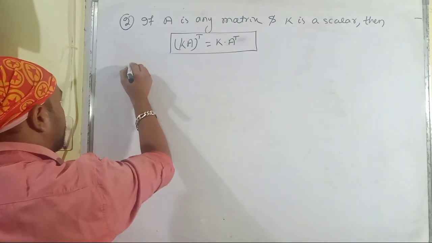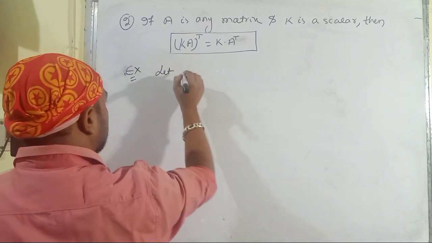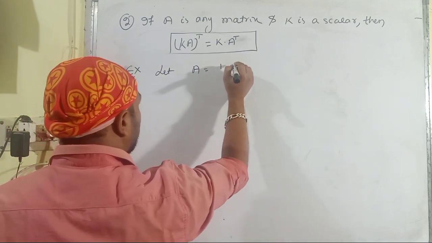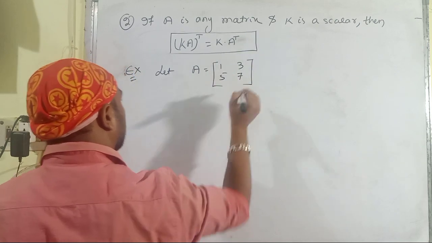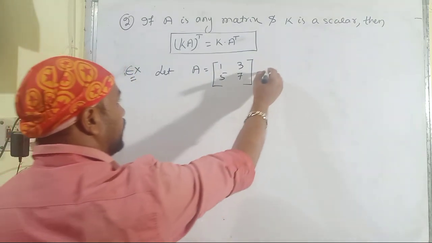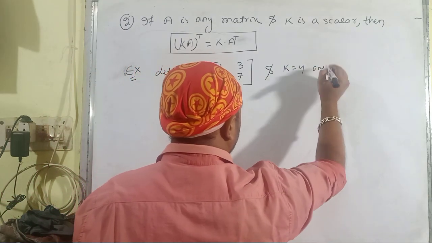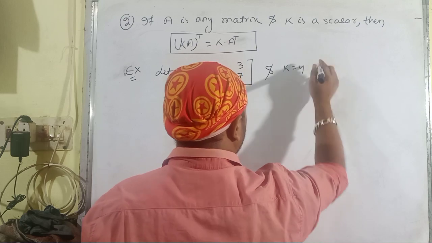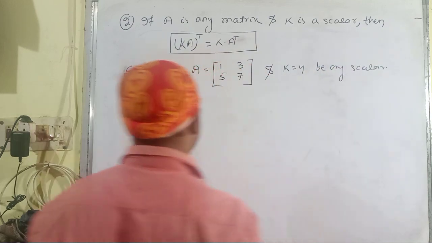So let us consider an example here. Let A be the matrix 1, 3, 5, 7 and K equal to 4, any scalar.